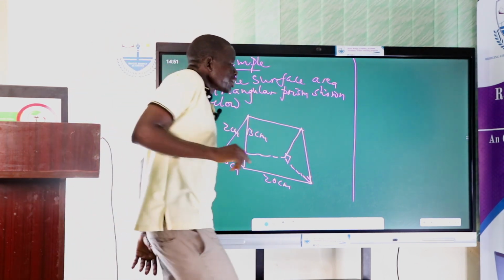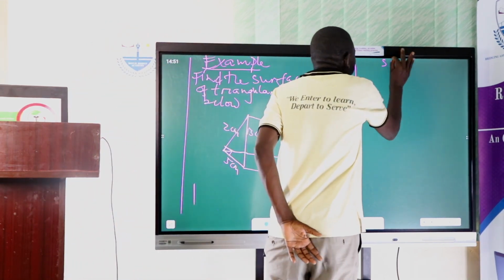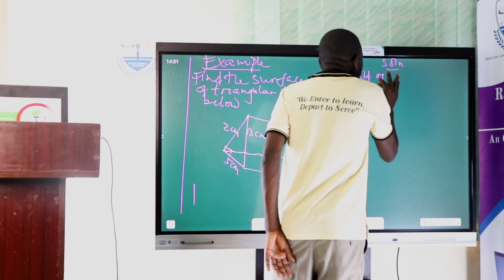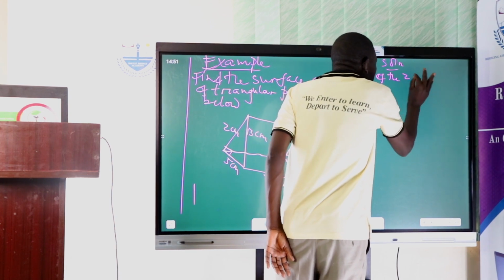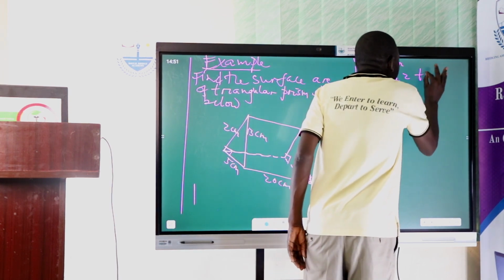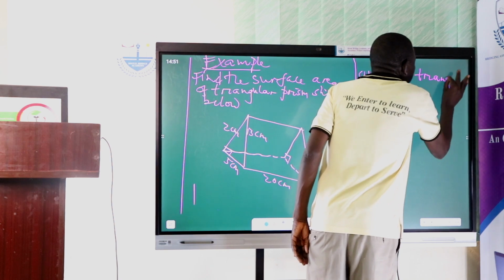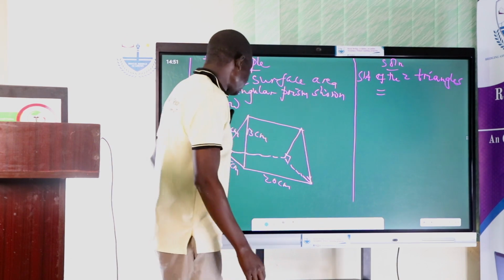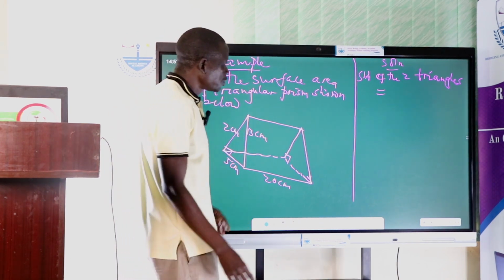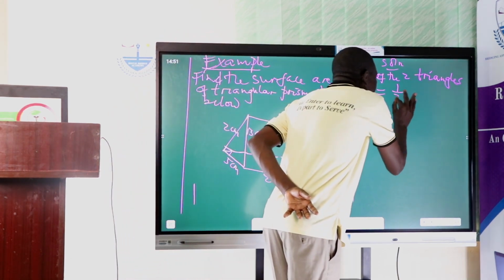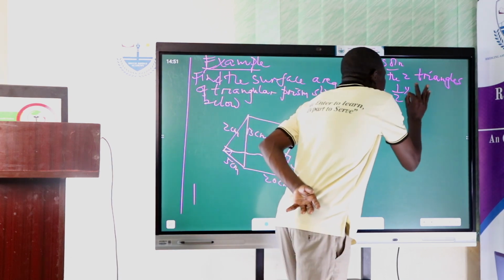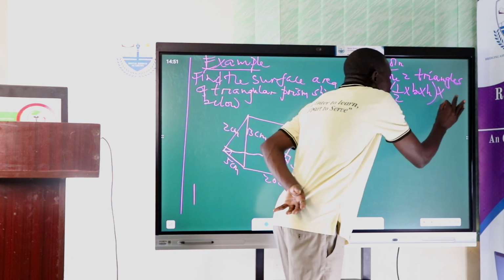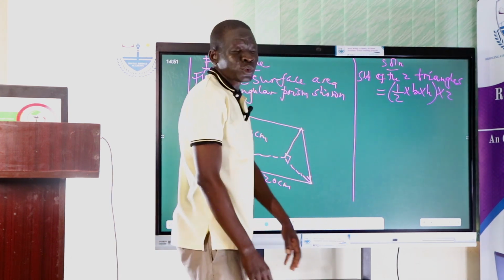triangle. So we shall say solution, surface area of the two triangles is equal by the two triangles. Remember, area of the triangle is equal by a half times base times height. But since there are two triangles, we multiply by 2.